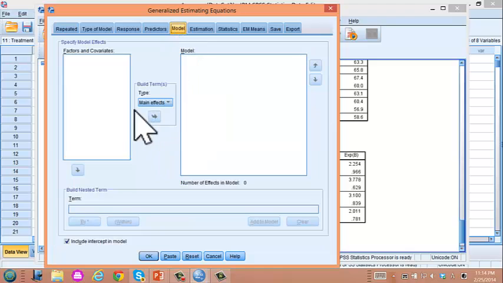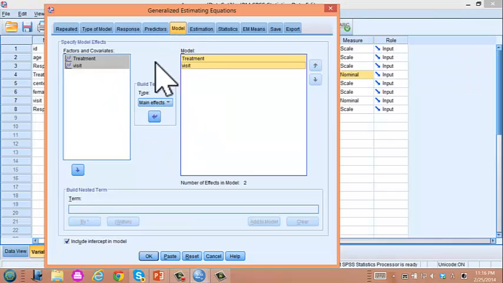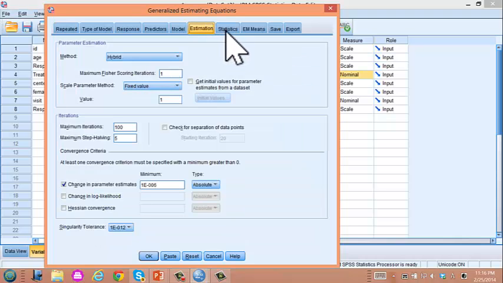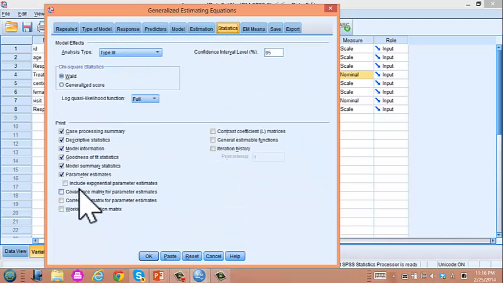Then go to model. Under the model, you put the treatment and visit, skip estimation, go to statistics, and click on include exponential parameter estimate. This way, you don't have to use the calculator to exponentiate the beta coefficient to convert to odds ratio. Then I think we are ready to click OK.